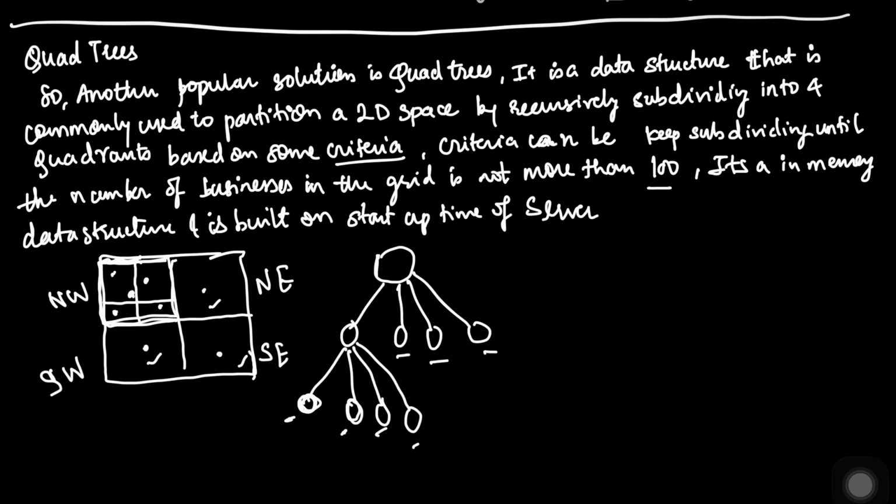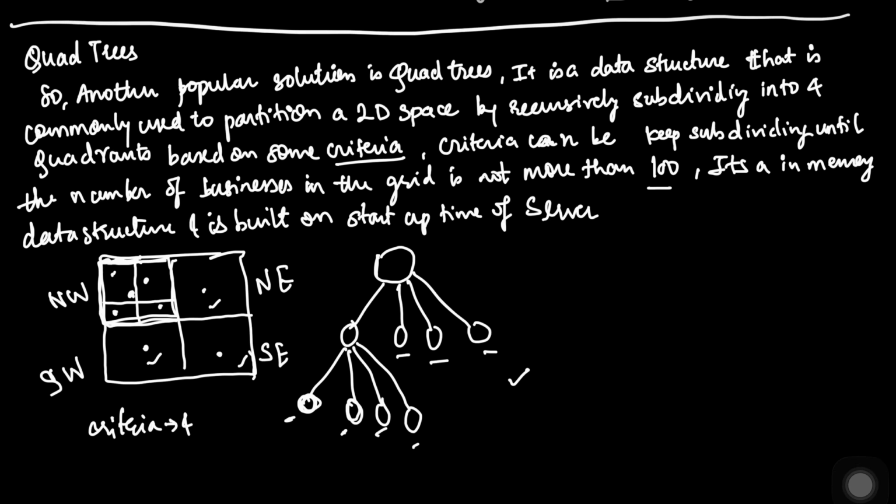We have to remember that a leaf node always has fewer or an equal number of businesses than the criteria we have defined. In our case the criteria was 4 businesses in a particular grid. If it exceeds that, we have to subdivide that part recursively and create 4 quadrants once again. So this is how the quadtree is created.